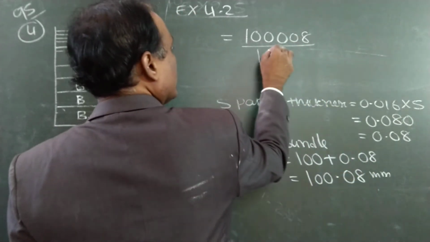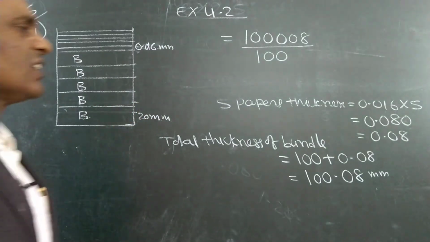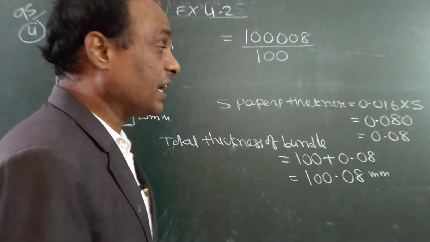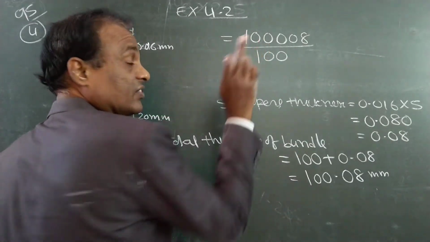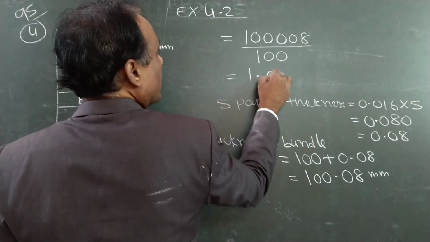After decimal 2 digits, so write 100. I remove the decimal first. After decimal 2 digits means put 2 zeros. But I want the decimal here. After 1 digit there should be a decimal. Standard form, 1 point.